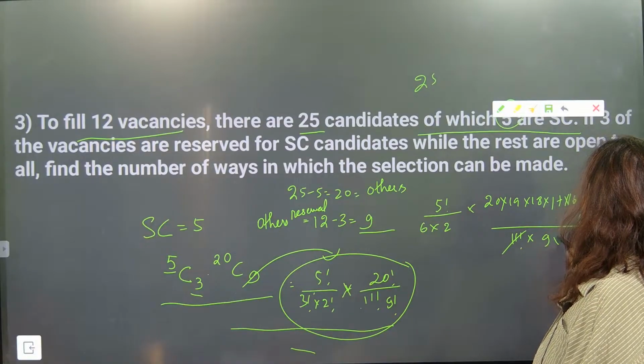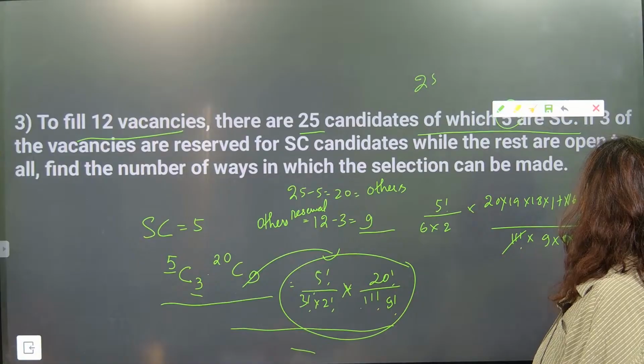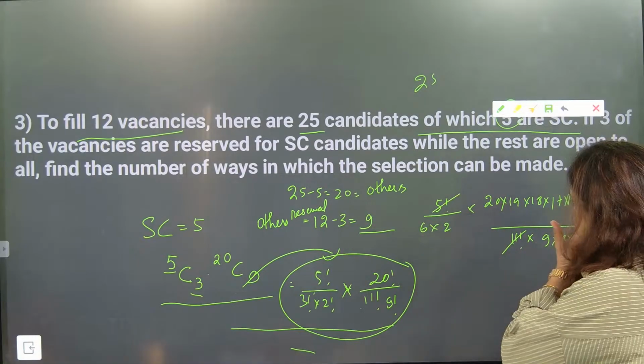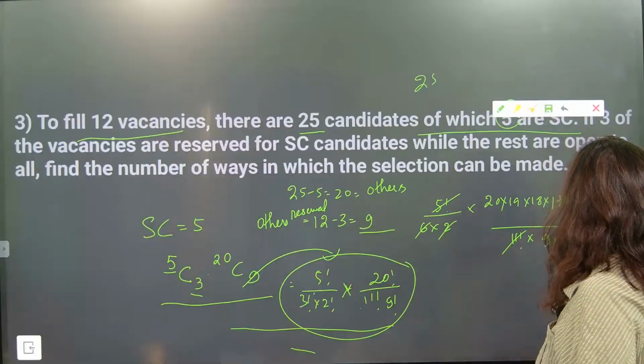Cancel 9, 8, 7, 6, 5 factorial. So this 5 factorial cancels. Now here 6 and 2, 12.